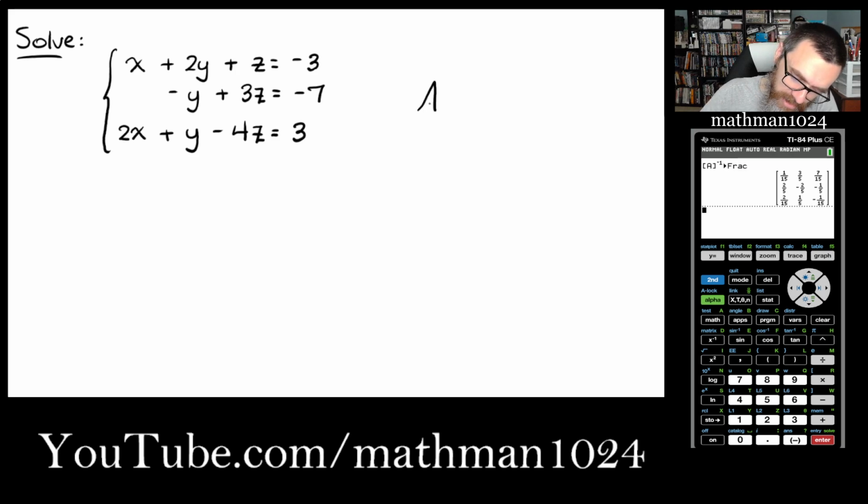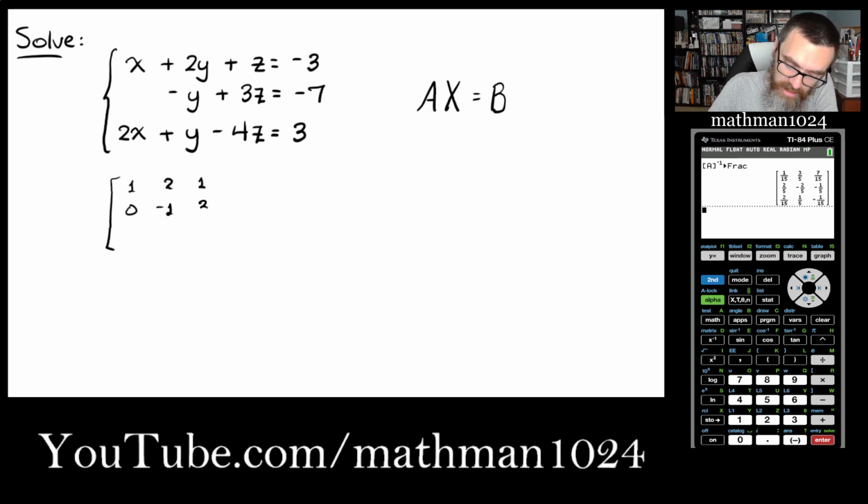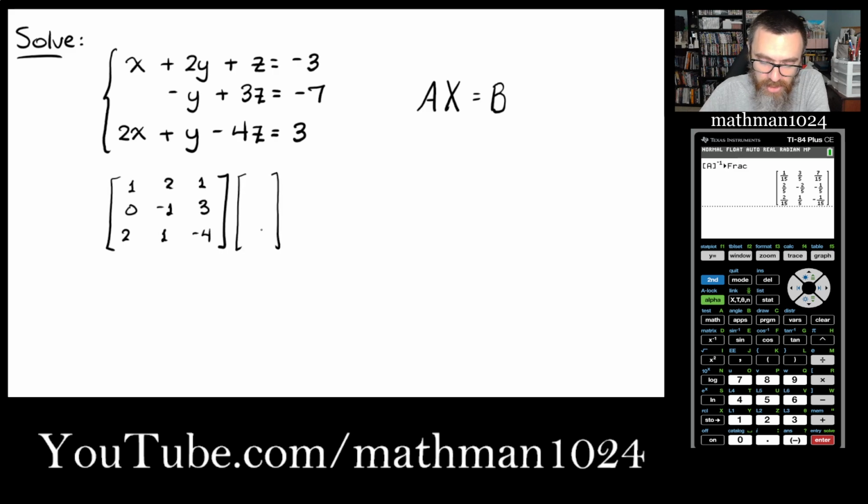So if we see this as matrix A times X is equal to B, and what we'd really be saying is if we take the matrix here of 1, 2, 1, 0, negative 1, 3, 2, 1, negative 4, and we'll say times X. So X is going to be representing your solution. So in this case, X, Y, Z.